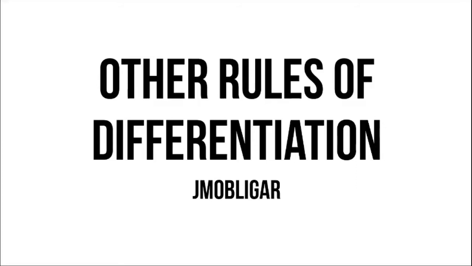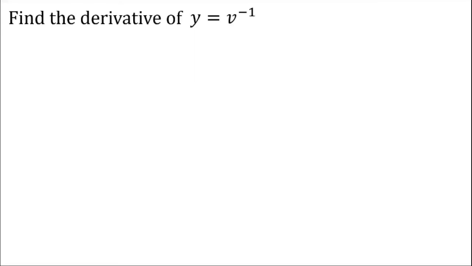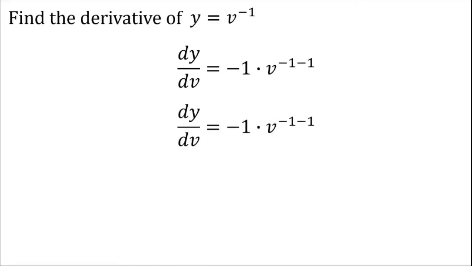Before that, let me show you this. Find the derivative of y equals b raised to negative 1. So dy over db equals negative 1 times b raised to negative 1 minus 1. This will become dy over db equals negative 1 times b to the negative 1 minus 1.